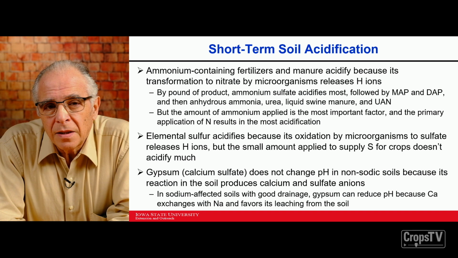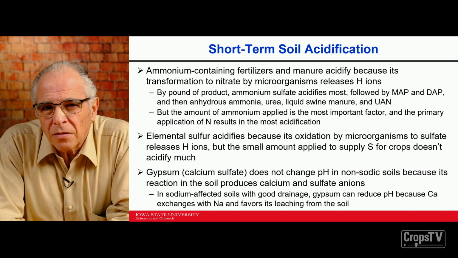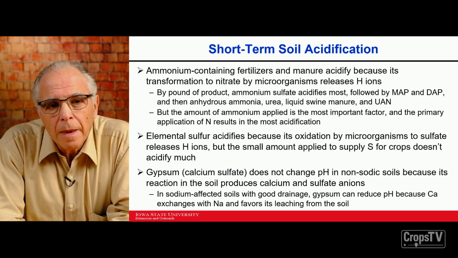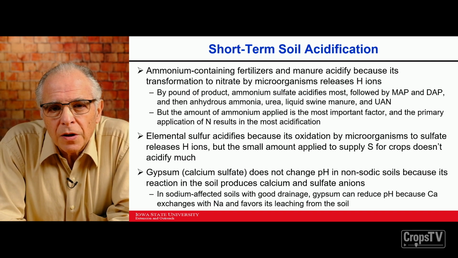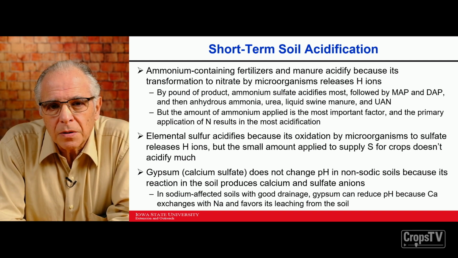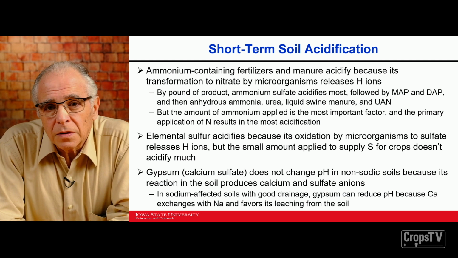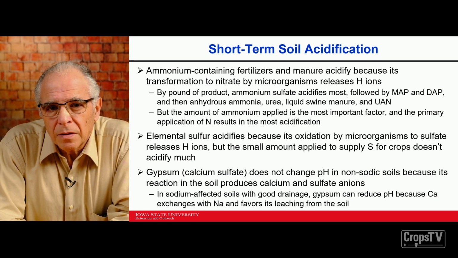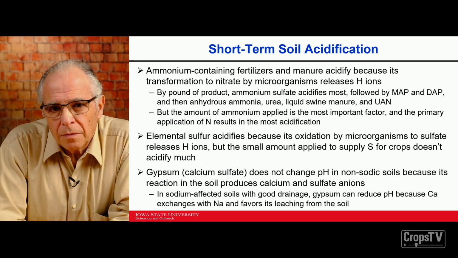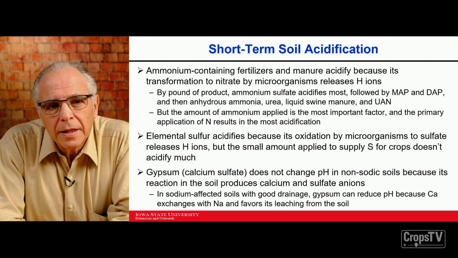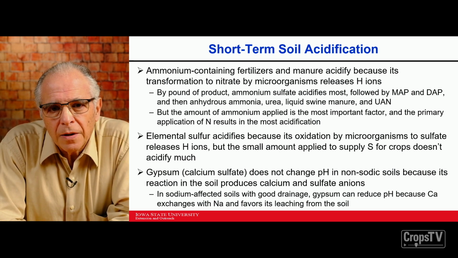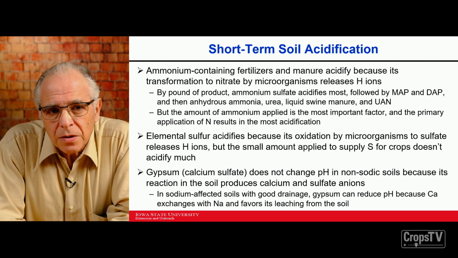But this by-pound acidification really is not much relevant because several of these fertilizers that contain, for example, sulfur or phosphorus are applied based on the sulfur need or the phosphorus need of crops. So the important thing really is the application rate, okay?